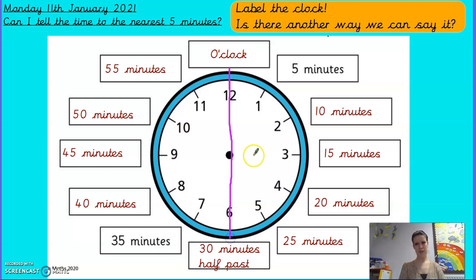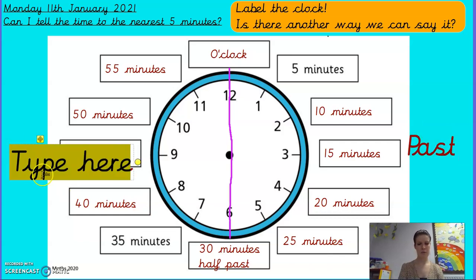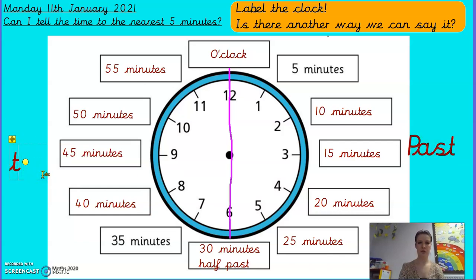Right, so on this side, this side here would be your past the hour. So you'll say it's 20 past 2, for example, 25 past. And then this side, we would say 2. So it's saying how many minutes to the next hour.